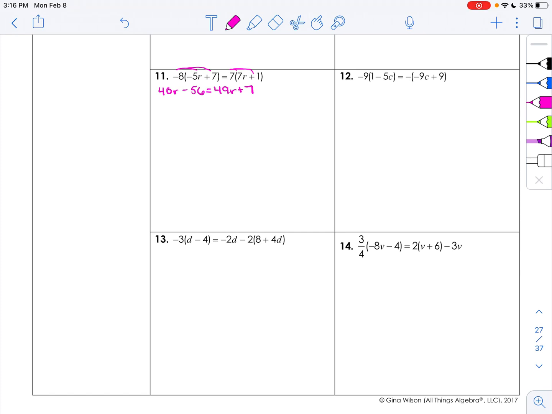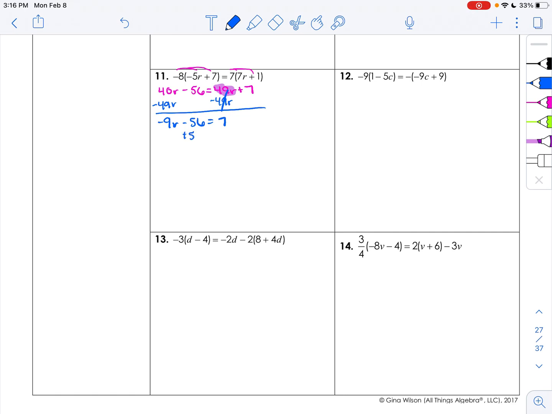I don't have any like terms on either side, so then I'm going to move my variable term, 49r, to the left side by doing the inverse. So we're going to subtract 49r from both sides, making sure we're lining up our like terms. So 40r minus 49r is negative 9r minus 56 equals 7.